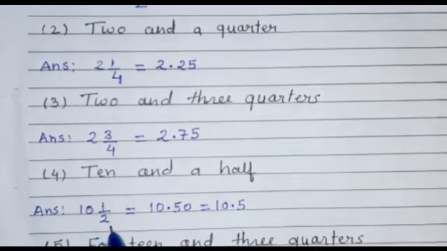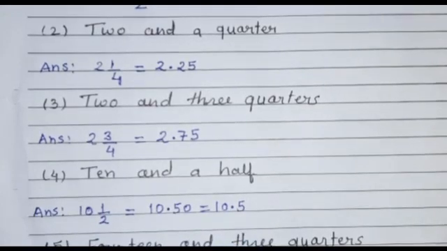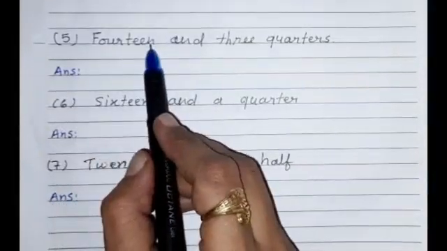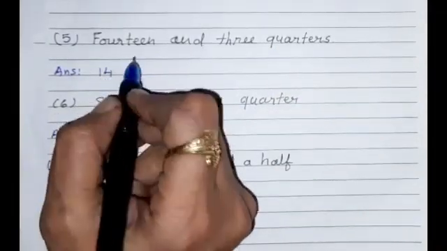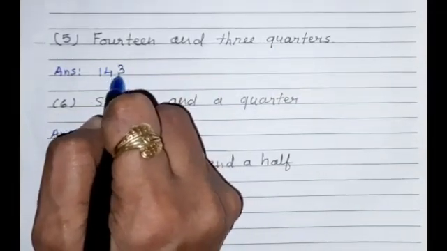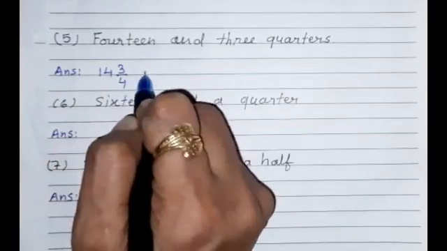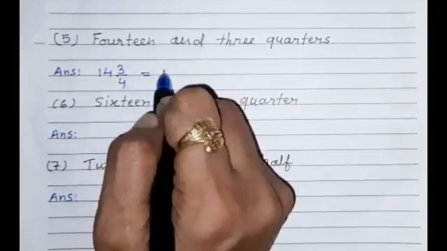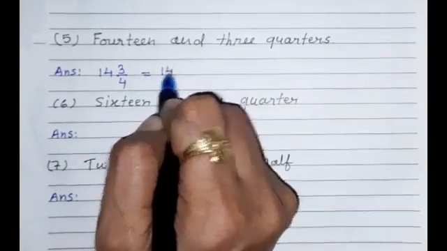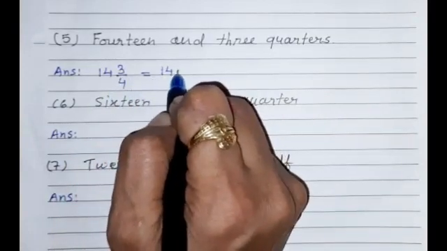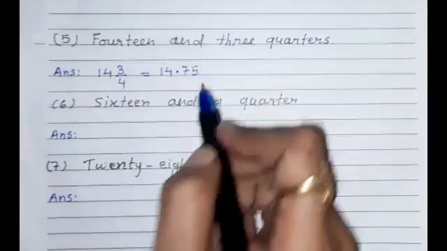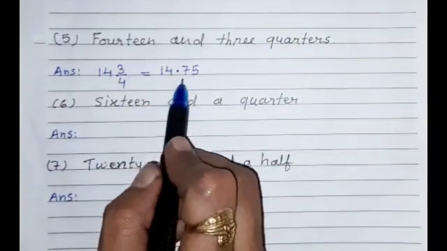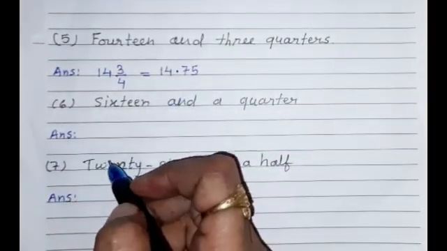So 10 and 1 upon 2 in decimal form is 10.5. Fifth one, 14 and 3 quarters. 14 and 3 quarters means 3 upon 4. Now in decimal form, 14 is written as it is, and 3 upon 4 means 0.75. So 14 and 3 quarters is equal to 14.75.